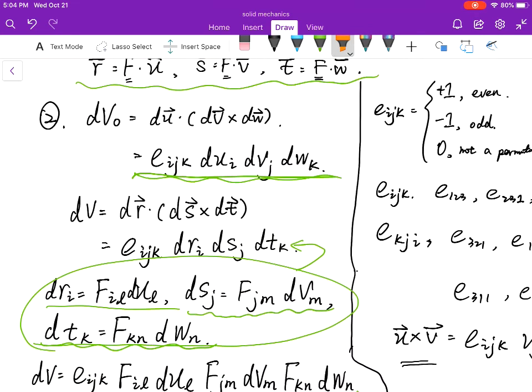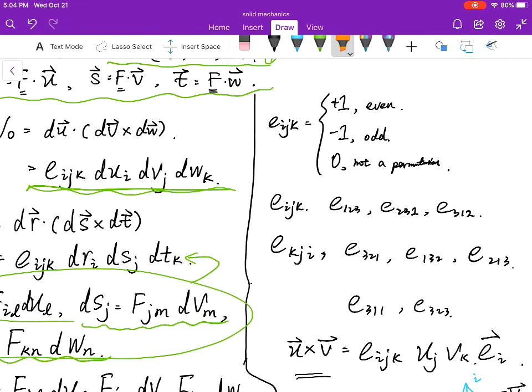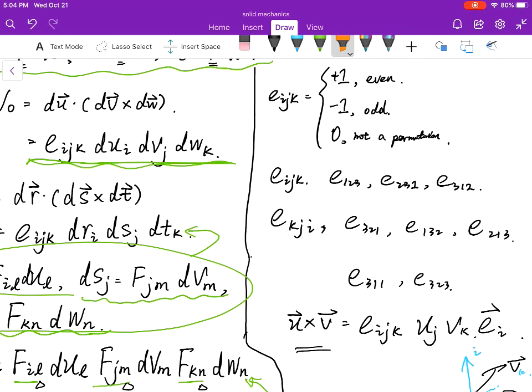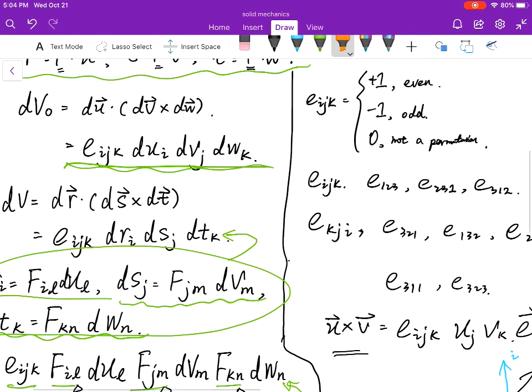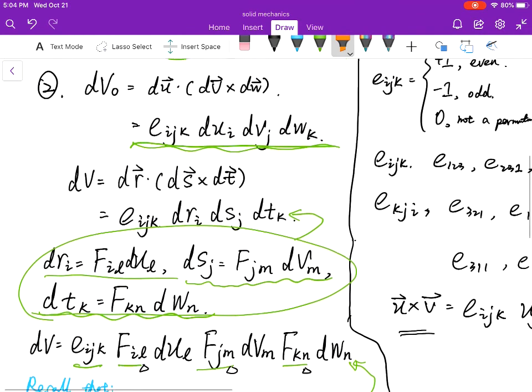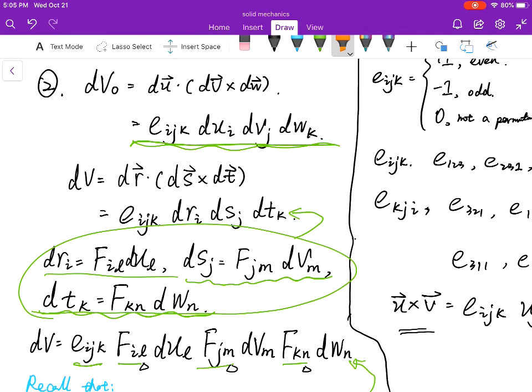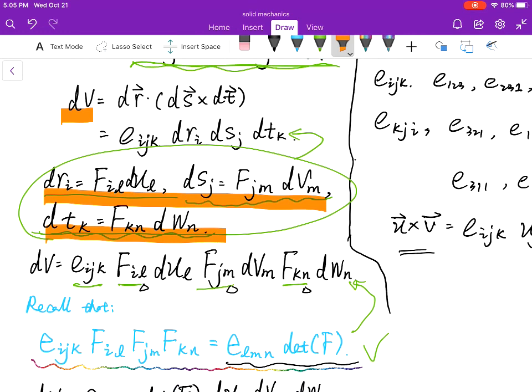In the second way, we reviewed the permutation notation and the cross product. Given this, we can write the reference volume dv naught, and also dv in the current configuration. Using the definition of the deformation gradient tensor, we can write the current volume as this.